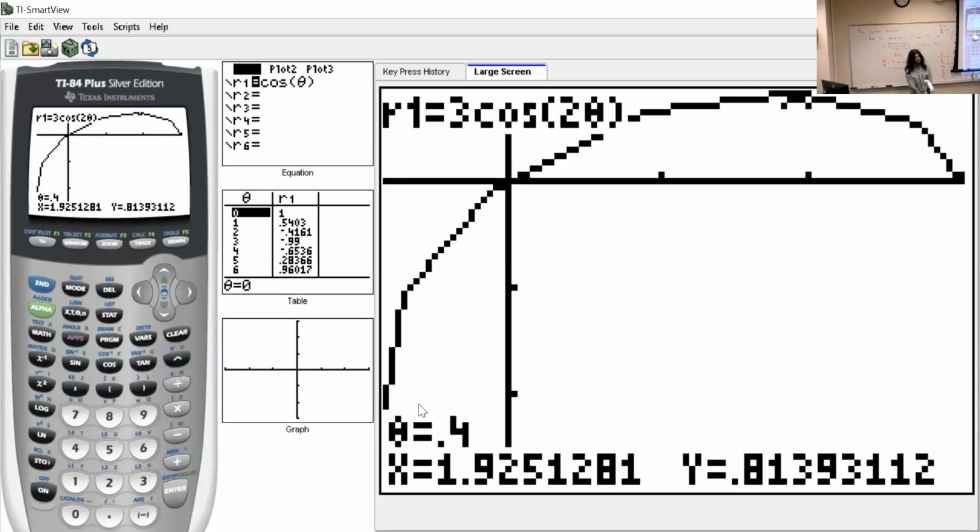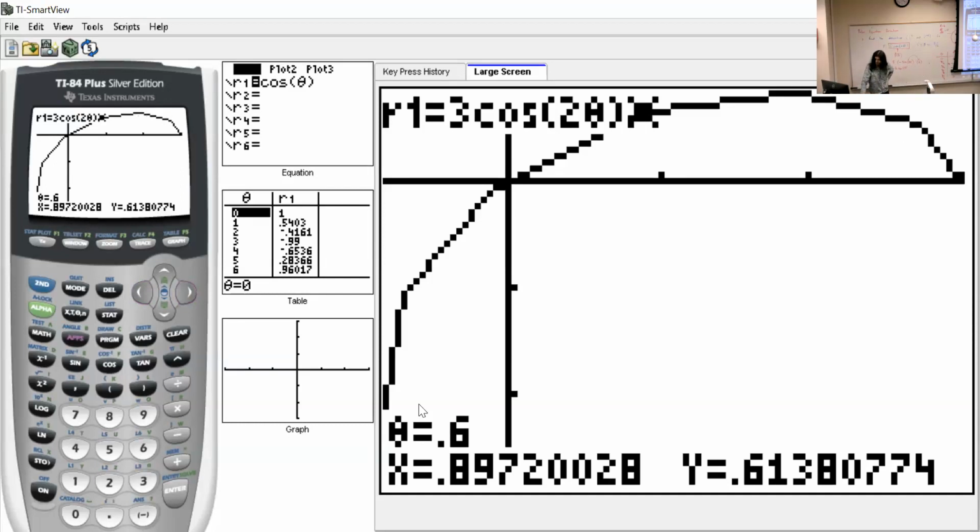Square root of 2 squared plus 1 squared is square root of 5. Is square root of 5 bigger than square root of 10? No. So what happened to the radius? It decreased, so we got a bit closer.